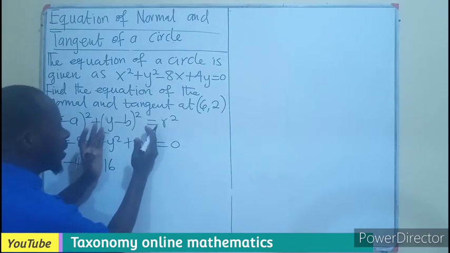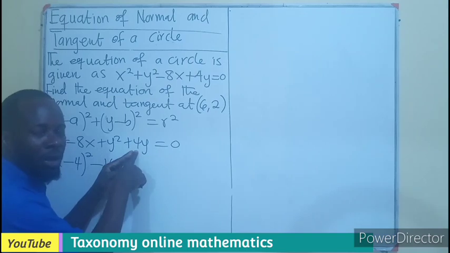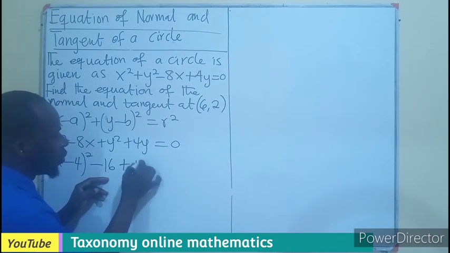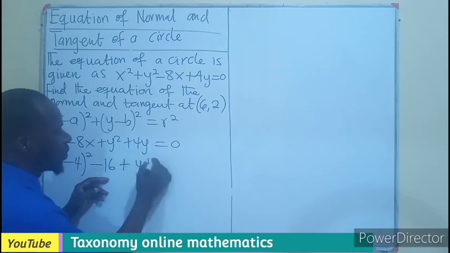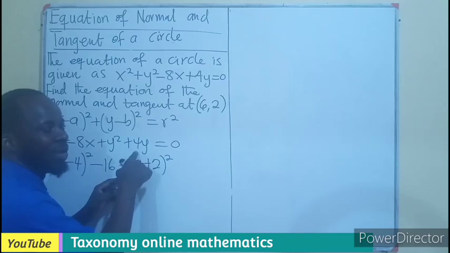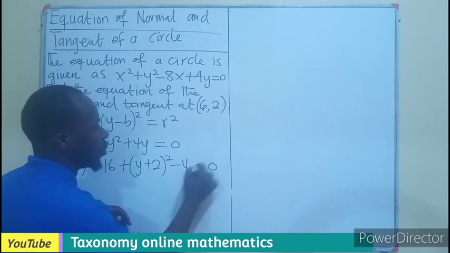Then I'll perform the same here. Half of 4 is 2, the square of that. So that becomes plus (y plus 2) all squared. Then I'll be subtracting the square of 2, which is going to be what? 4. So minus 4 equals 0.